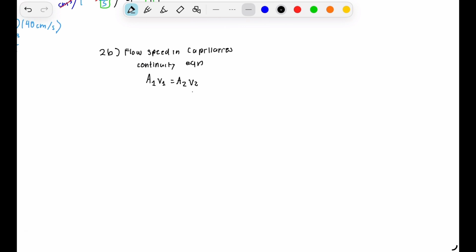So we're going to take this and solve for v2. v2 is going to equal A1 v1 divided by A2. v2 is going to equal area 1, which was 2.0, times our v1, which was 40, and we can divide that by 3,000. This is going to give you 0.0267 centimeters per second if you plug that into your calculator.